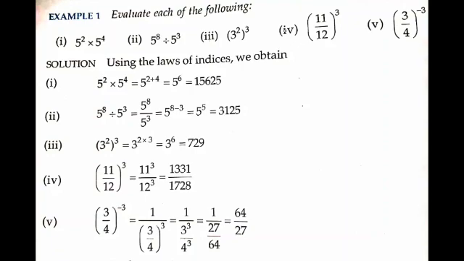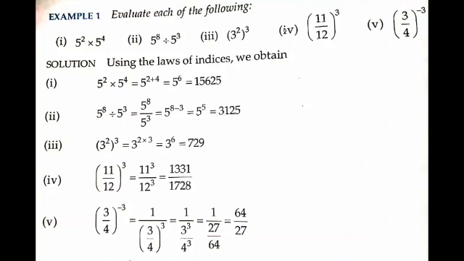In fourth subtopic, it is (11 by 12) whole raised to the power 3. So using the result, (a by b) whole raised to the power n is equal to a to the power n by b to the power n. I can write 11 raised to the power 3 by 12 raised to the power 3, which gives 1331 by 1728 after simplification.